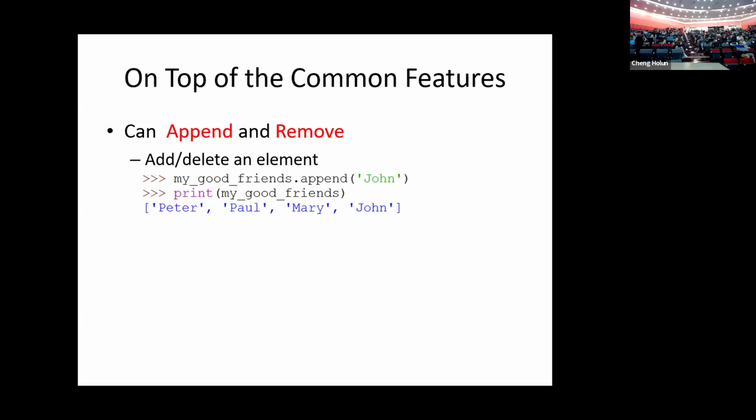Also, I want you to recognize this syntax: my good friends dot append, something, dot something. This is very important. This syntax is going to follow you the whole course. It means the object, the main character, is my good friends, and for this my good friends, I will do something to it.